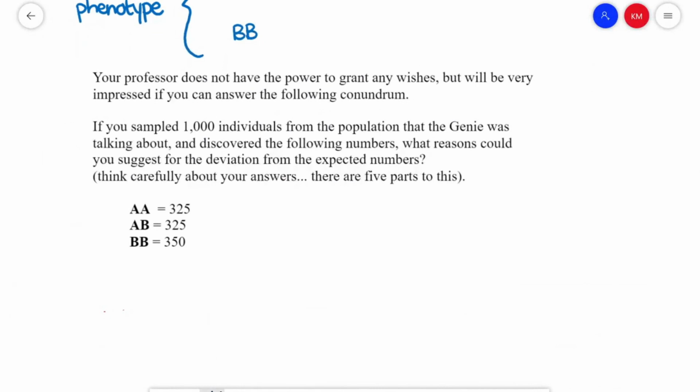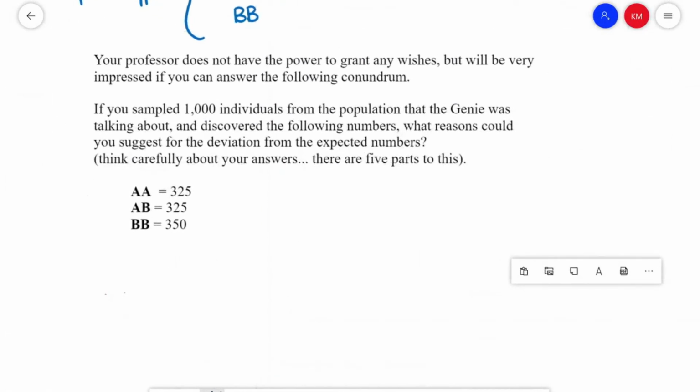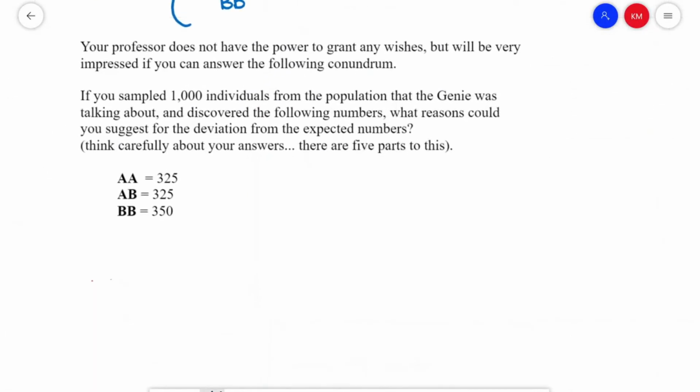And then lastly, this problem says, your professor does not have the power to grant any wishes, but will be very impressed if you can answer the following conundrum. If you sampled 1,000 individuals from the population that the genie was talking about and discovered the following numbers, what reason could you suggest for the deviation from the expected numbers? So I'm going to let you guys think about this one on your own again.